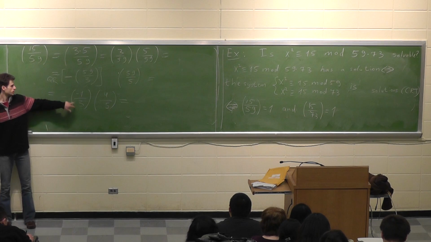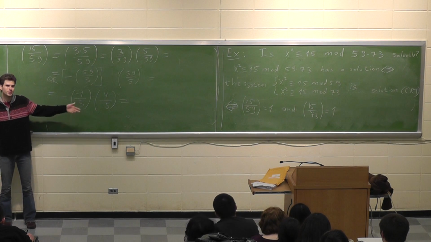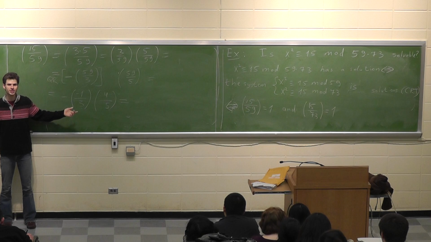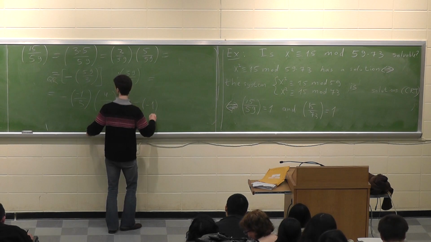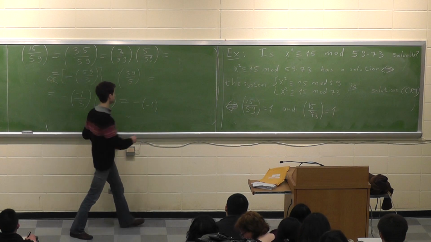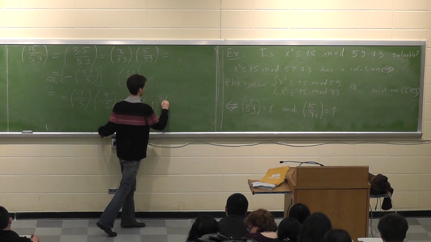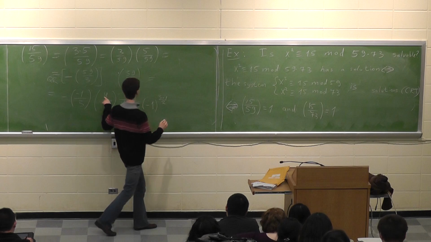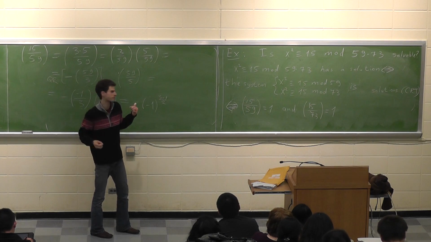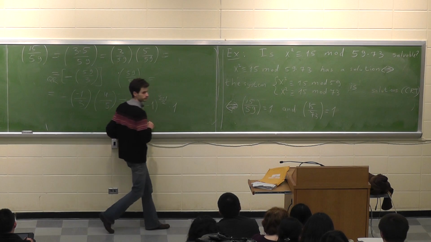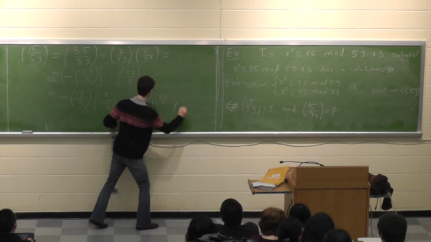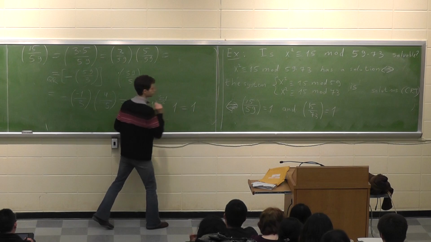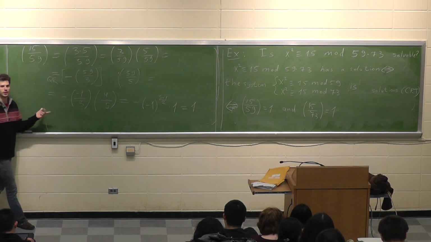And now, once again, we have minus 1 modulo 3. Well, we can either see directly that it's not a quadratic residue, or you can say that it's minus 1 to the power of (3 minus 1) divided by 2. And 4 is definitely a quadratic residue, it's 2 squared. So it's times 1. It's minus 1.